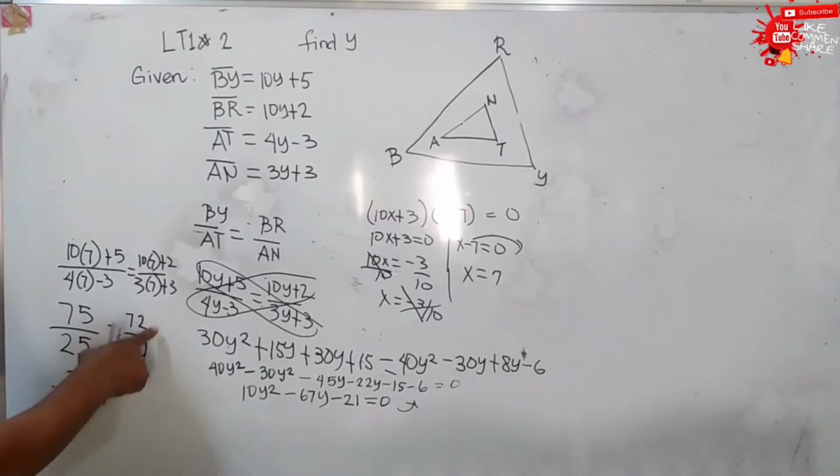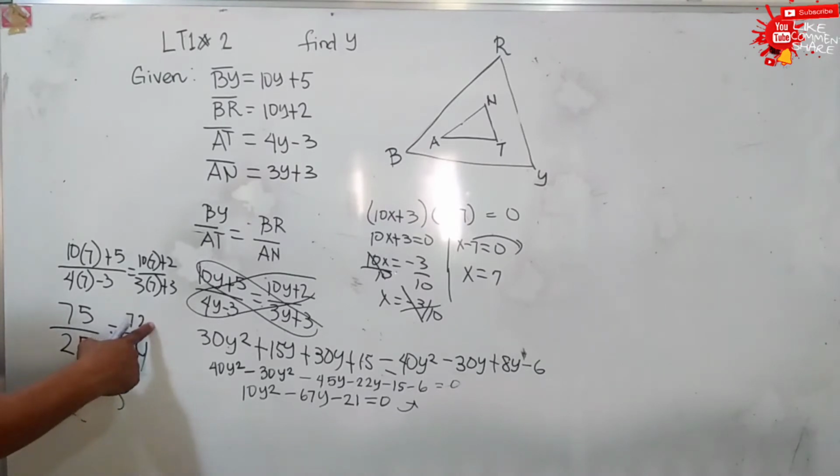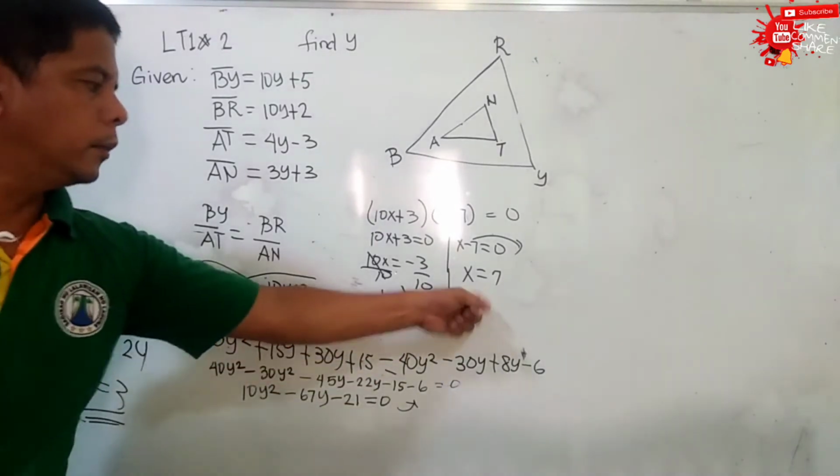Okay, so 72 over 24 is equals to 3. Kaya 3 equals to 3. Again, 75 divided by 25 is 3. 72 divided by 24 is 3. Kaya equal proportion sila. So, ano yung value ng x? X equals to 7.